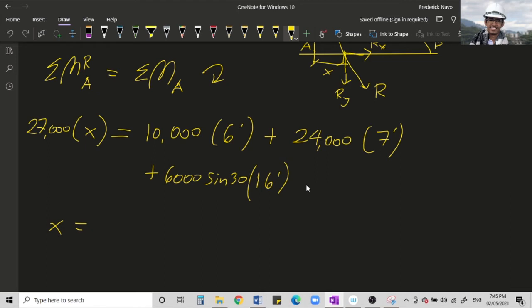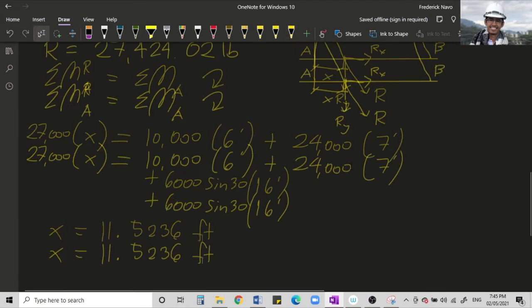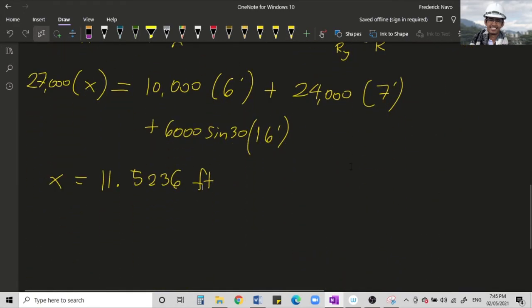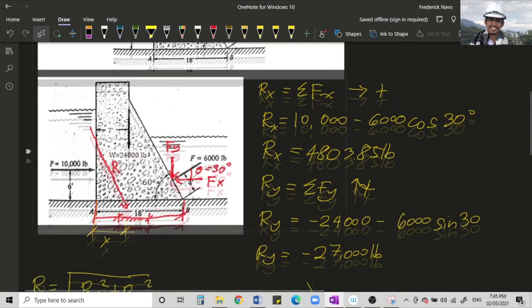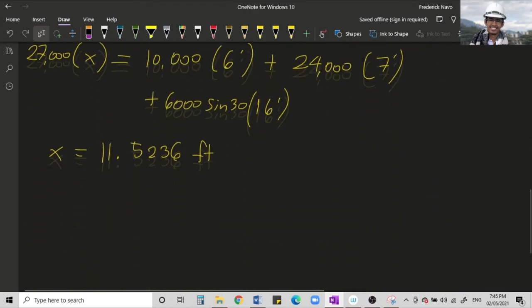So, that will give us the value of x will be 11.5236 feet. Okay? So, yung x natin will be 11.5236 feet from point A. Okay? So, from point A.